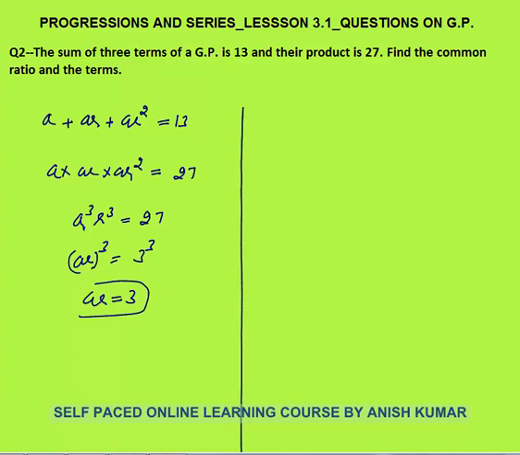Now we can straight away put the value: R equals 3 by A, or A equals 3 by R. Now I will put the value of AR as well as A in this equation.